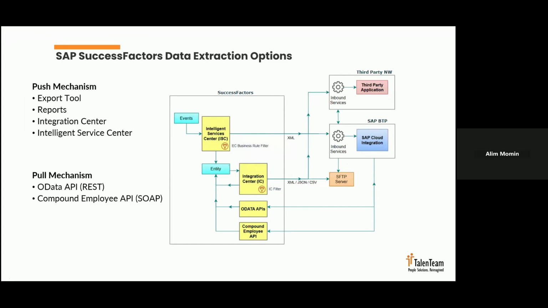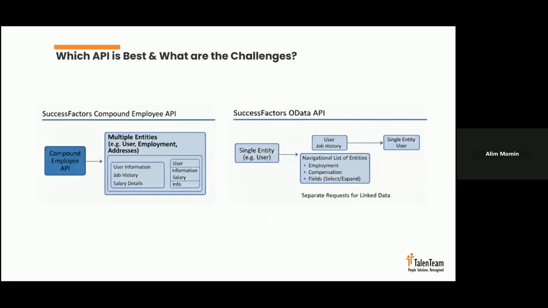In this whole webinar, we are not talking about how to update data in SuccessFactors. We are just talking about how to extract data from SuccessFactors, assuming Employee Central is enabled and Employee Central is the system of truth. Now, moving forward, which API is best and what are the different challenges?